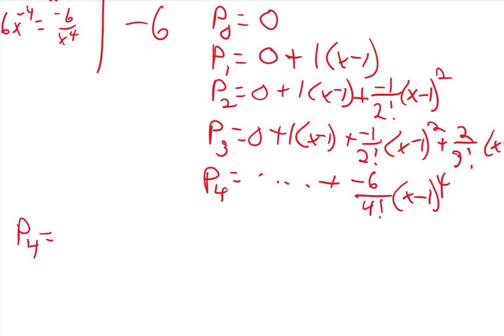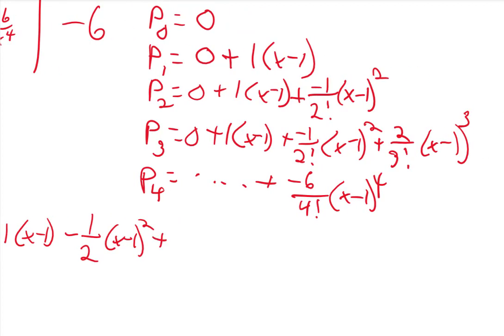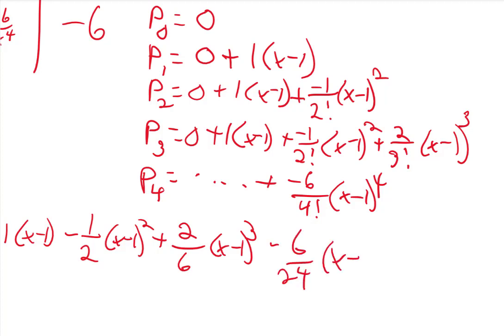It's going to be 0, which I'm just going to leave off, 1 times x minus 1 minus 1 over 2 times x minus 1 squared plus 2 over 6 times x minus 1 cubed minus 6 over 24 times x minus 1 to the fourth.